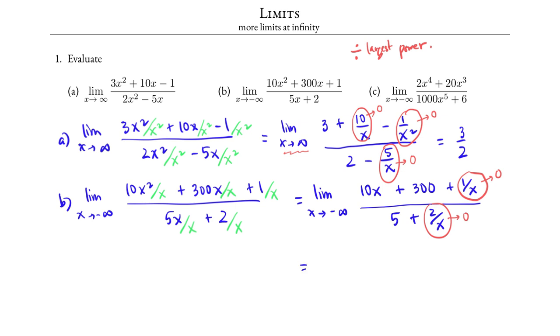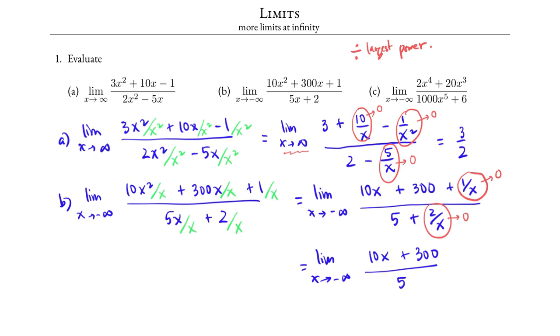And so what we end up with is the limit as x goes to negative infinity of 10x plus 300 over 5. Again, we will still need to rewrite the limit notation because there is a term with x in the expression.